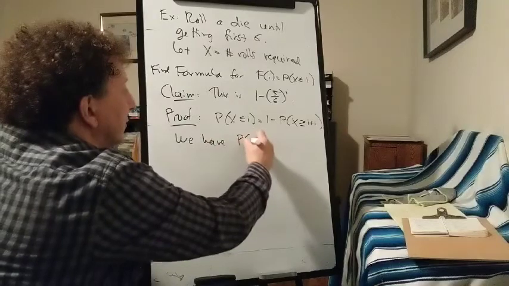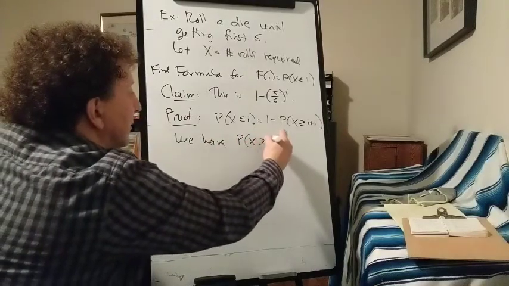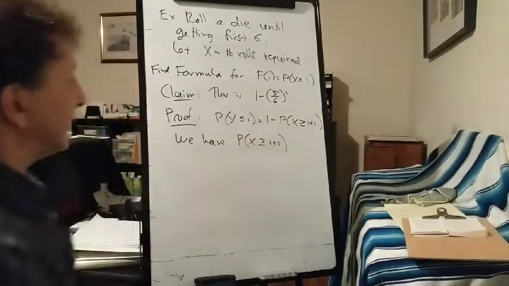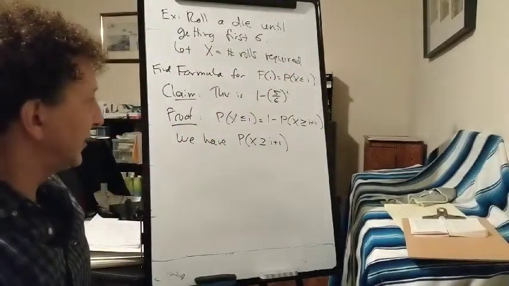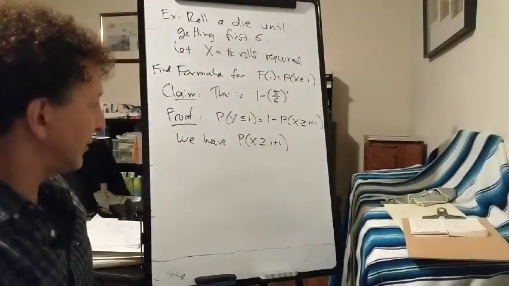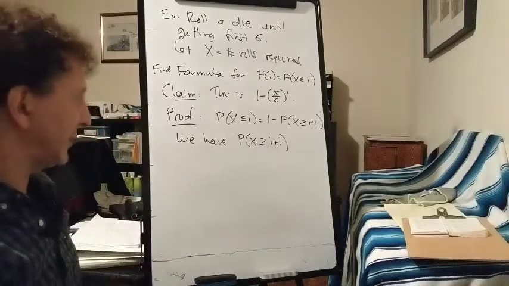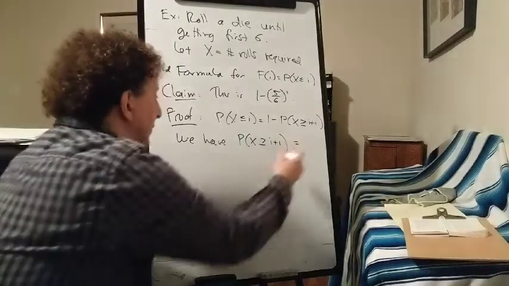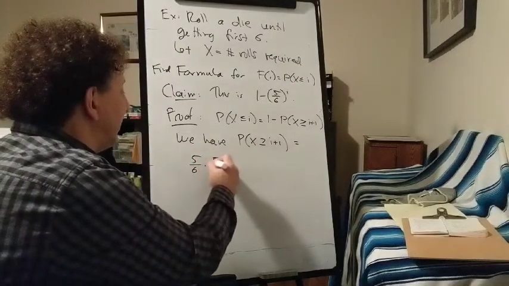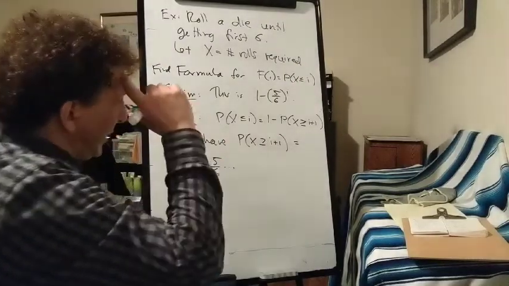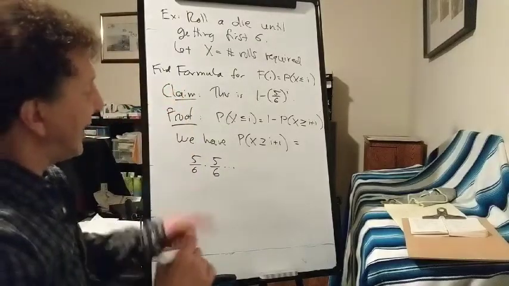So let's look at the probability that we need i plus 1 or more trials to see the first 6. I guess we fail on the first roll, and we fail on the second roll, and we fail on the ith roll.